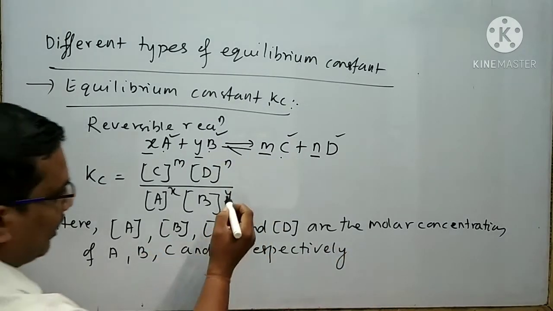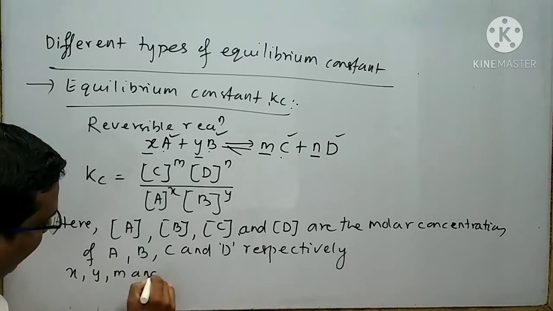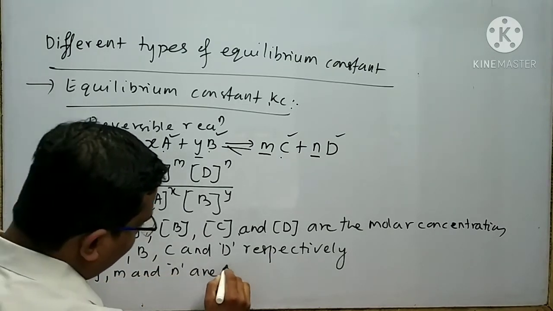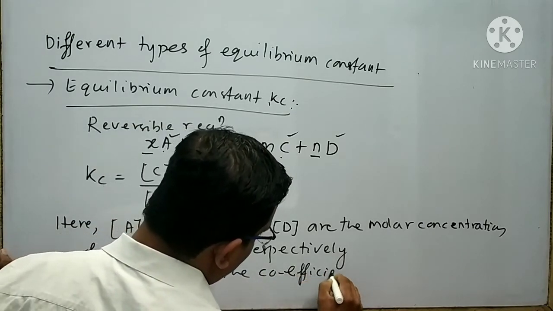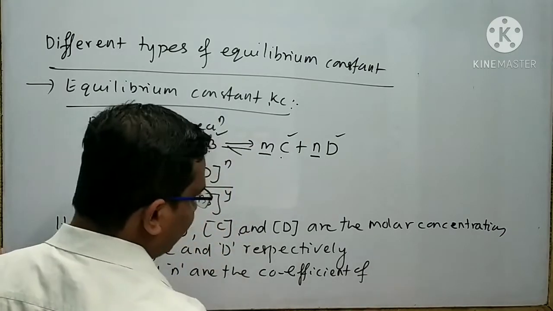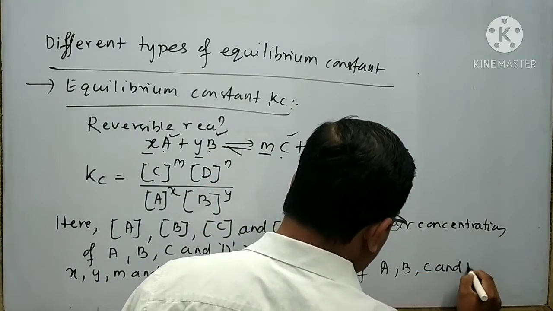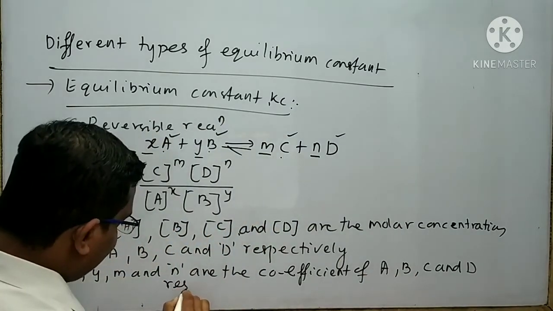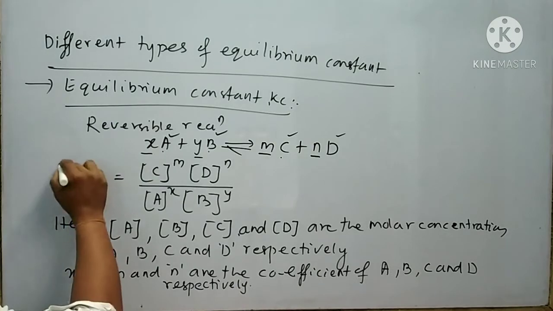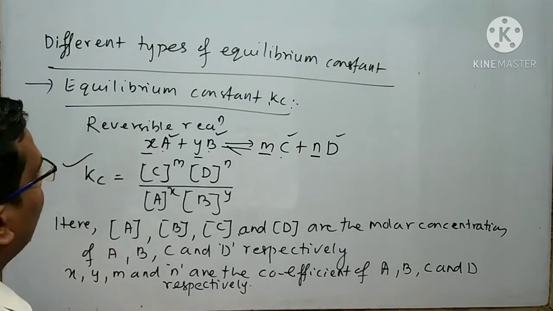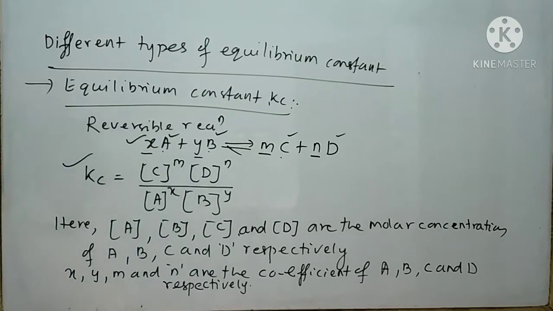And x, y, m and n are the coefficients of A, B, C and D respectively. This is the expression for the equilibrium constant Kc for this reaction.